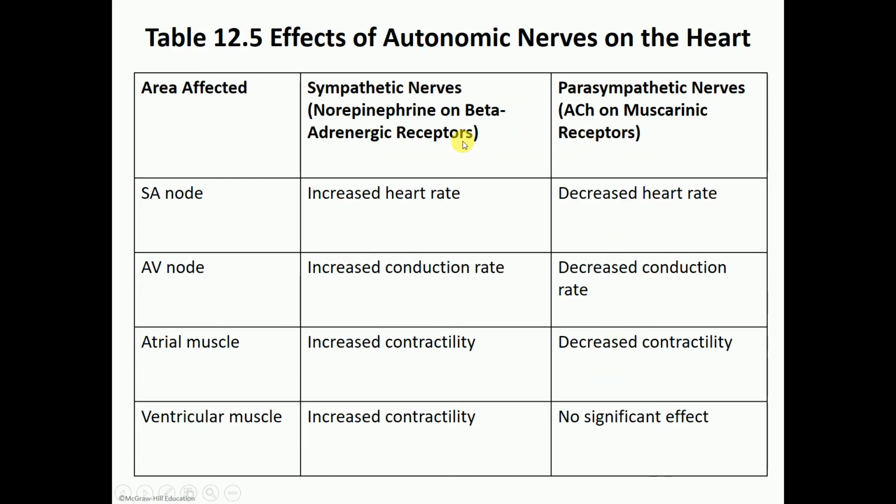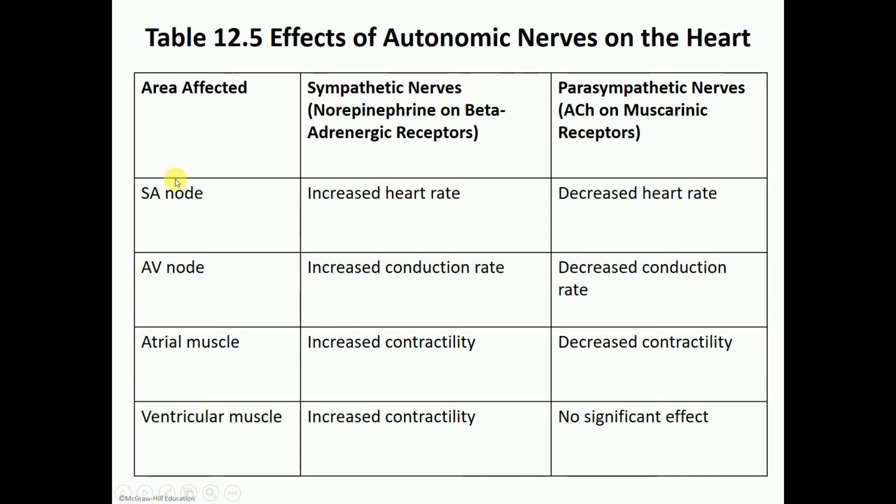And here you can see in a table, which is really nice, the effects of the sympathetic versus the parasympathetic nervous system on the cardiac muscles. Remember, the sympathetic nerves are norepinephrine secreting neurons, and they stimulate the beta adrenergic receptors on the heart.